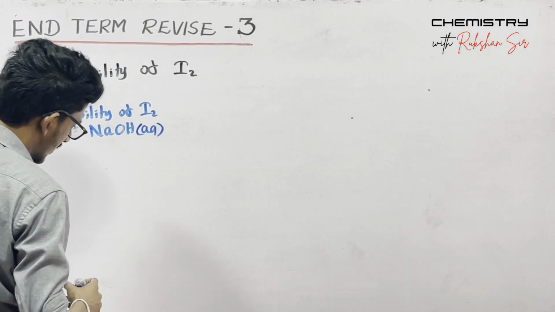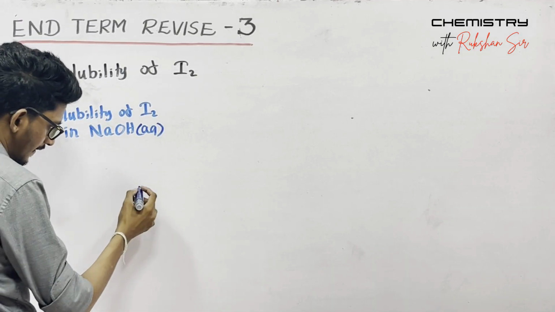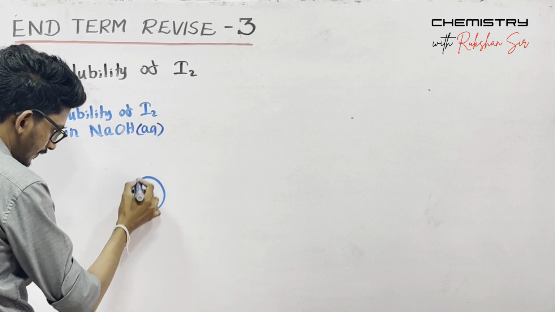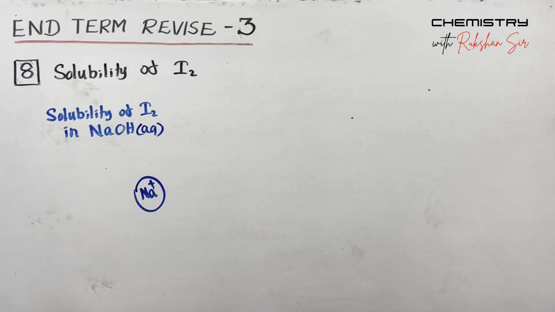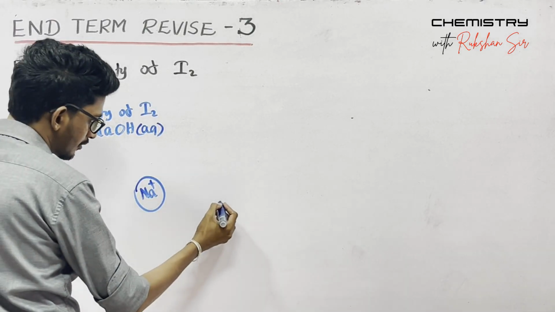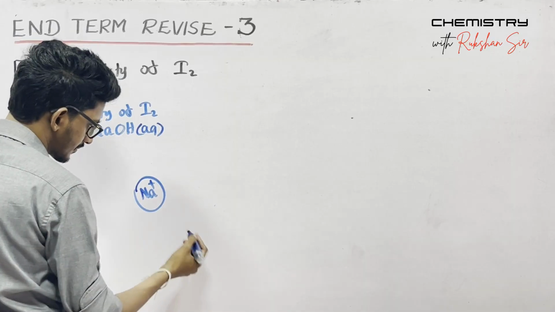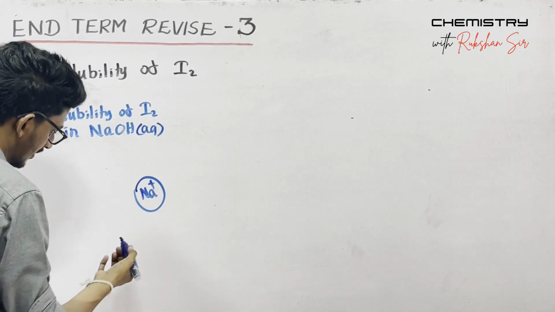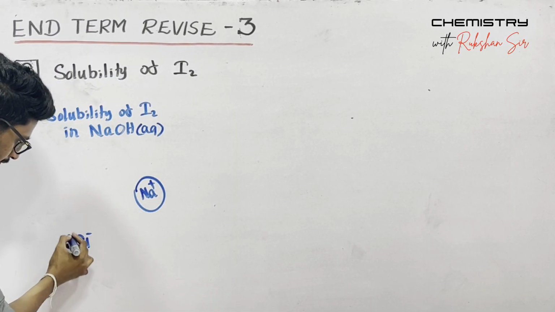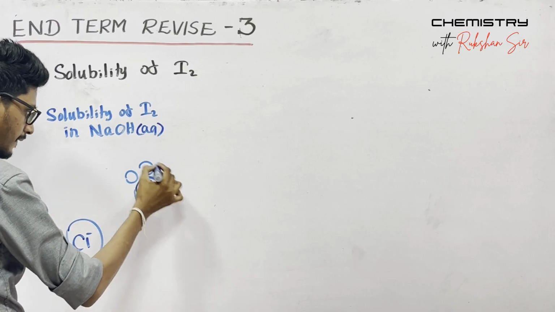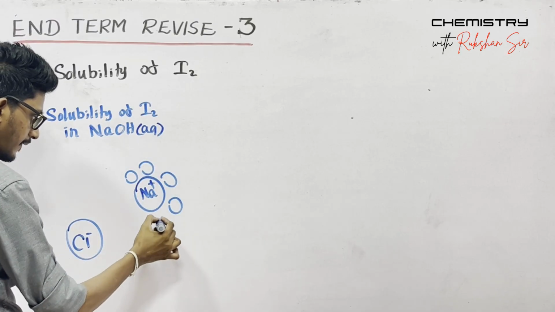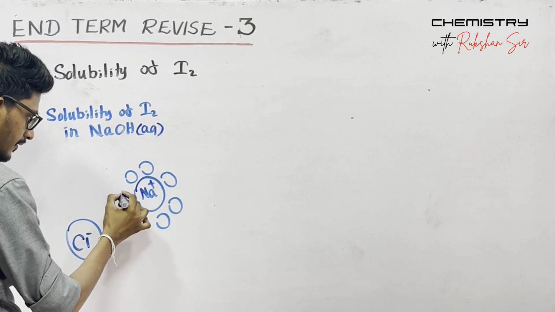So you have some Na plus particles and OH minus particles, some ions basically, which are actually surrounded by water molecules.